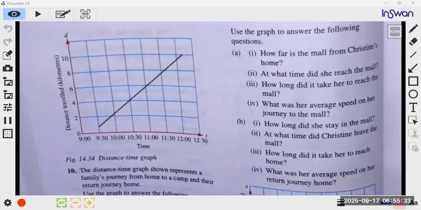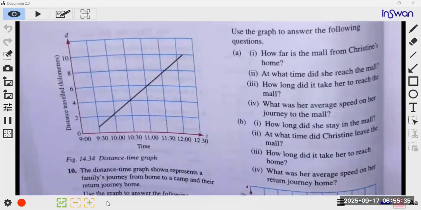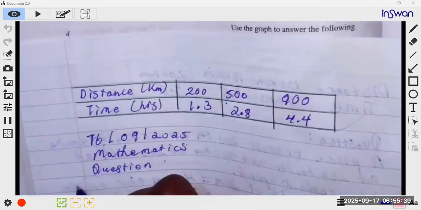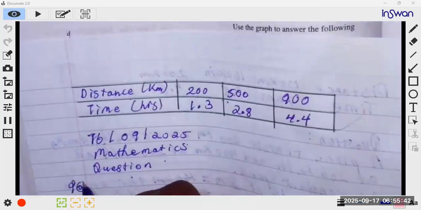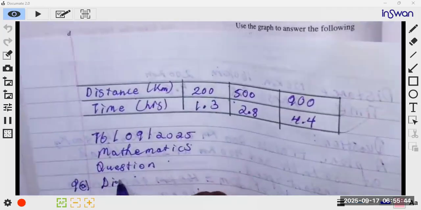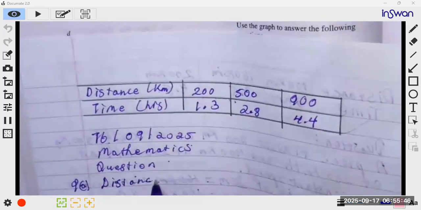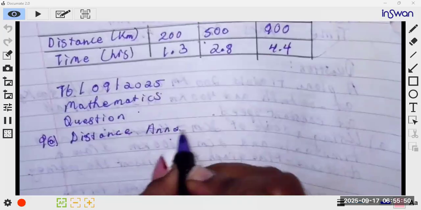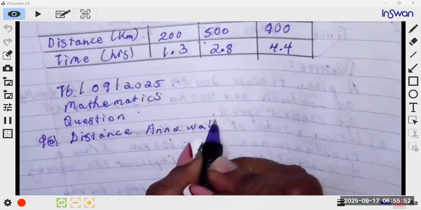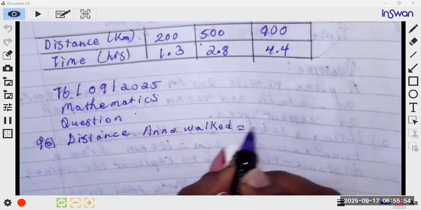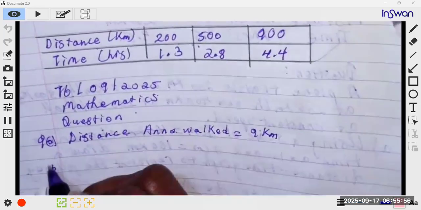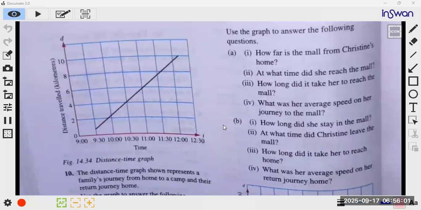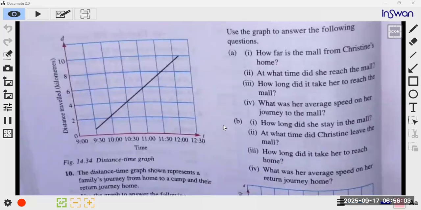So the distance Anna walked will be 9, so part 9a, distance Anna walked equals 9 kilometers. All right with that, you all? Yes or no? So that's the first thing, the distance Anna walked.